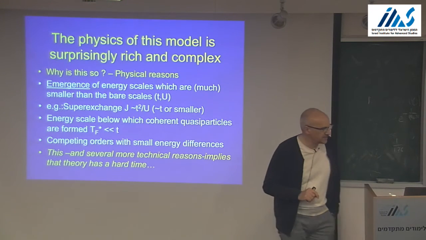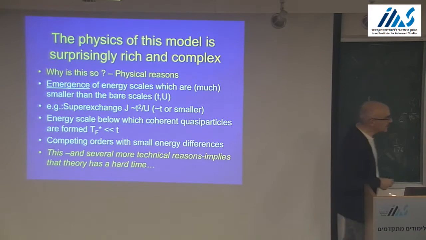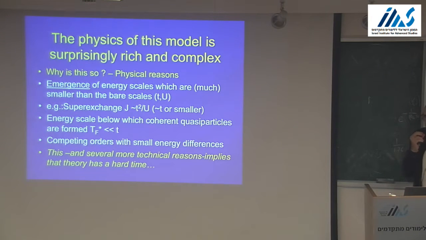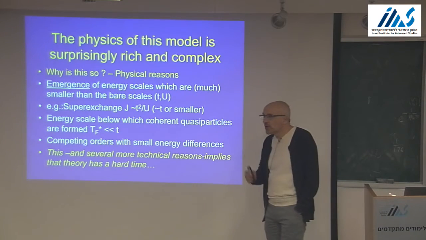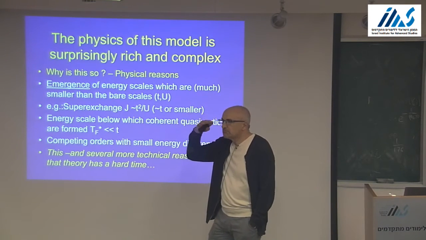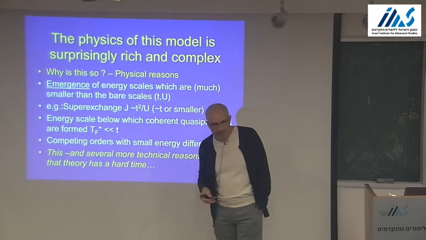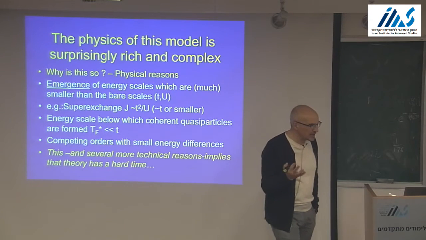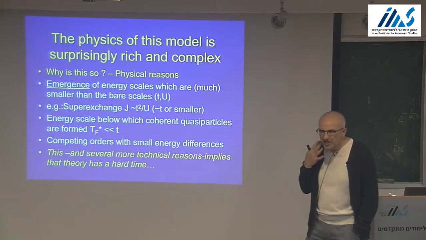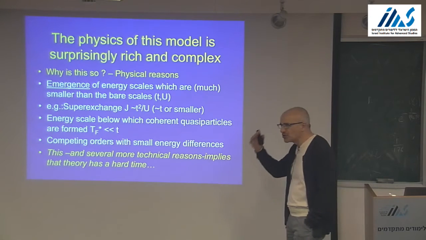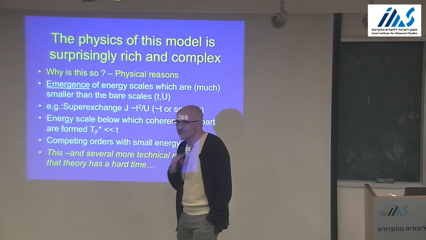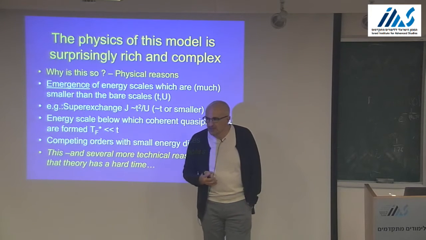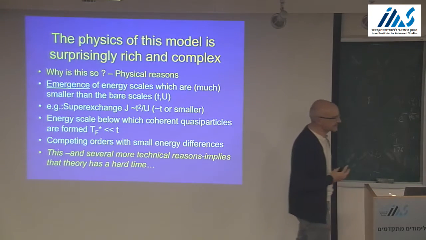We'll see more precise definitions and evidence later. These are the real reason why this problem is difficult. We start from, it's not a microscopic model, but already some effective model at high energy. And we need to understand the physics down to low energy scales, typically 100th of these bare energy scales. So fundamentally, this is why it's tough.